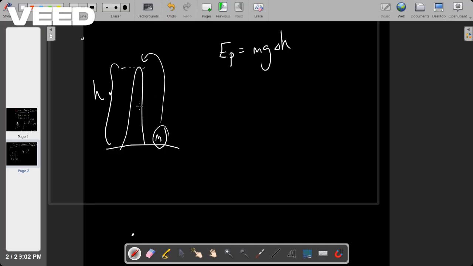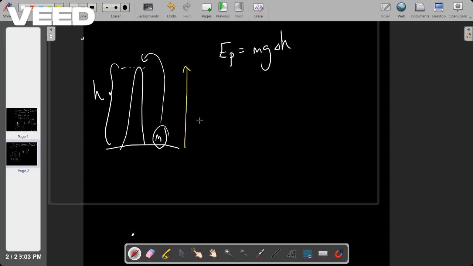Now remember, when we are doing this calculation, we are assuming the gravitational field. There's a field, just like an electric field. There's a gravitational field. So we assume this field is constant throughout.